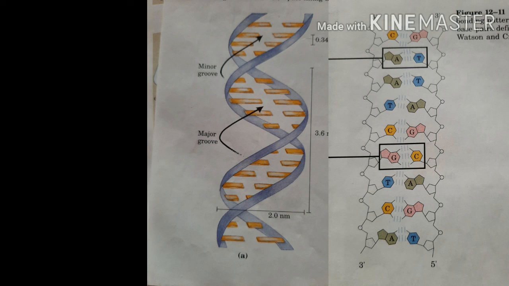This quantitative relationship is called Chargaff's rules, because Chargaff found out this relationship, and while proposing the model of the DNA, Watson and Crick took the help of these Chargaff's rules.